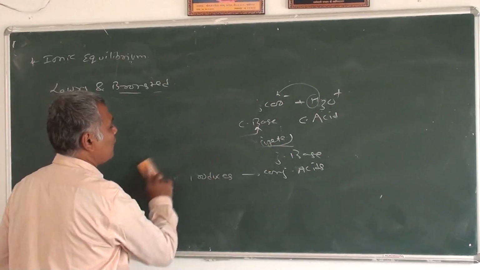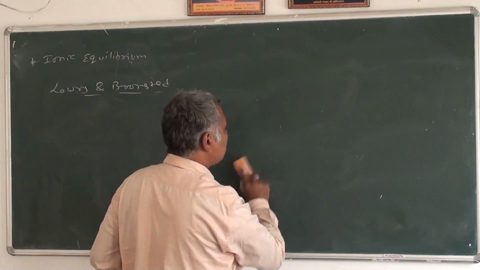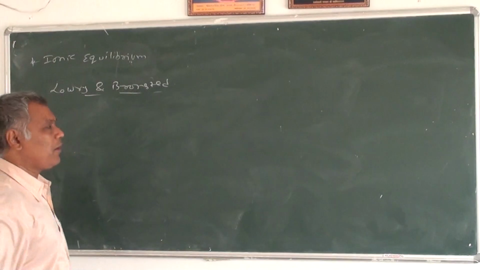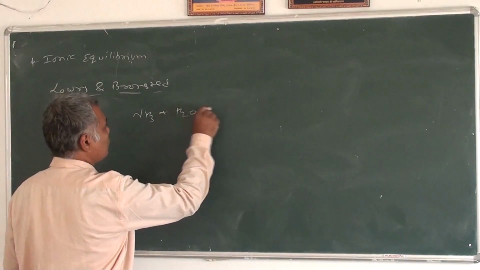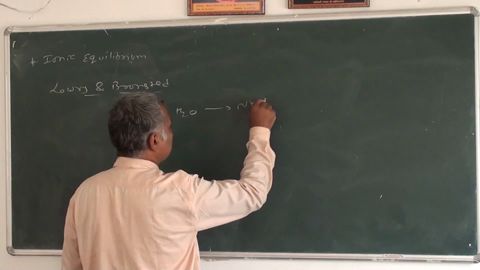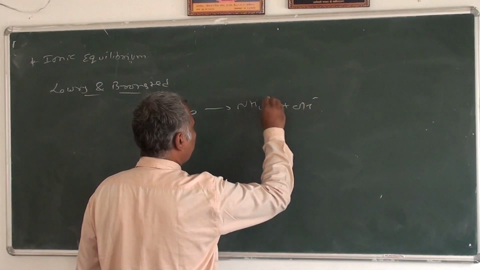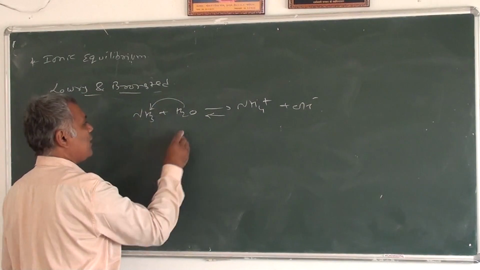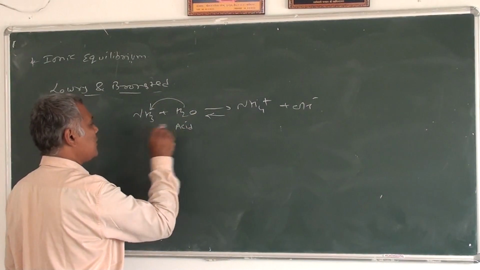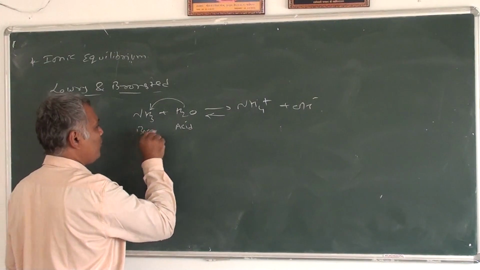Similarly, if I want to write it for the base, let's see if it is applicable for the donor. We wrote the reaction as NH3, H2O, NH4 plus, OH minus. It's a weak base; NH3 gained H plus. So this was acid, this was base.